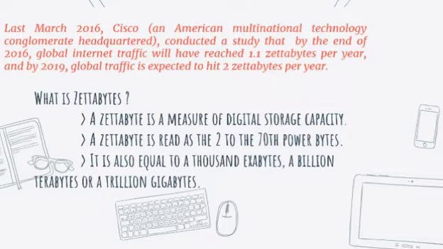So, for the information of everyone, a zettabyte is a measure of digital storage capacity. A zettabyte is also read as 2 to the 70th power bytes. It is also equal to 1,000 exabytes, a billion terabytes, or a trillion gigabytes.